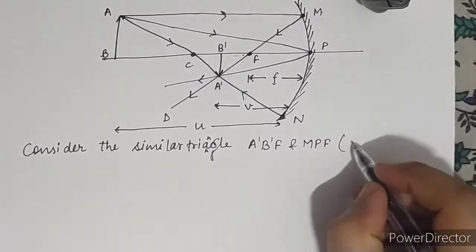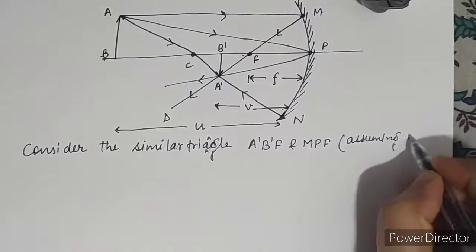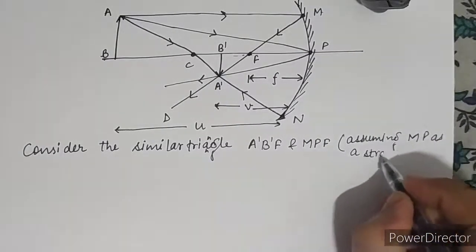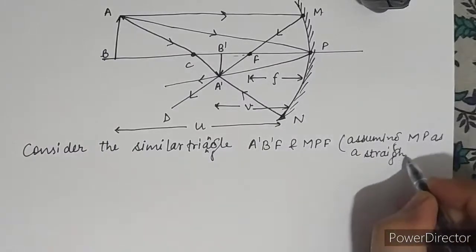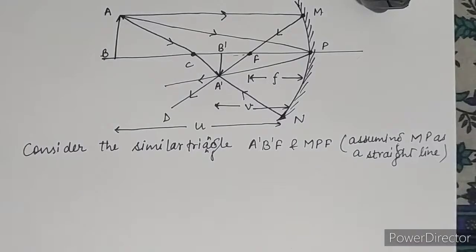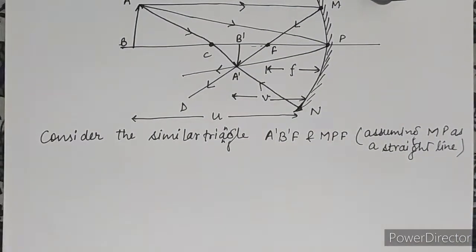So we have to assume MP as a straight line. You have to assume this, beta, then only you will be able to understand this concept. Clear? Now we are taking the ratios.